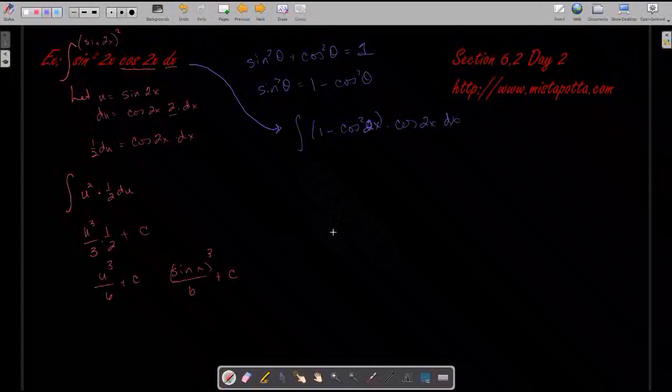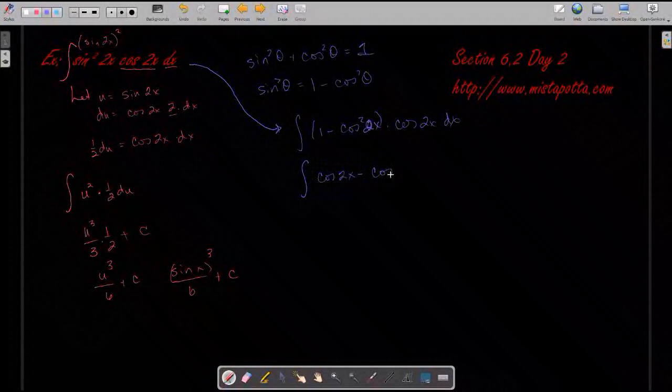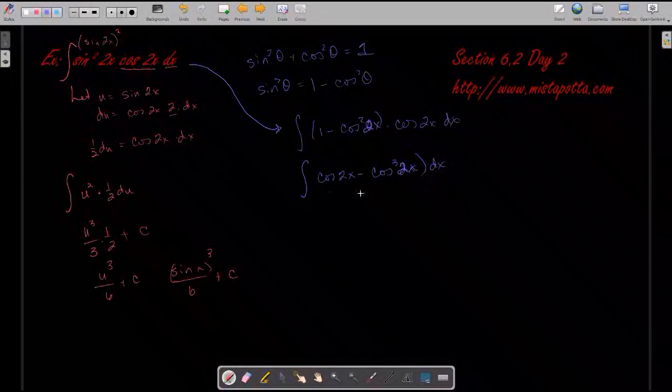I don't have to look for a u and a du because everything's in terms of cosine. And I can distribute. I can let this be cosine of 2x minus cosine cubed of 2x, all being multiplied by dx.